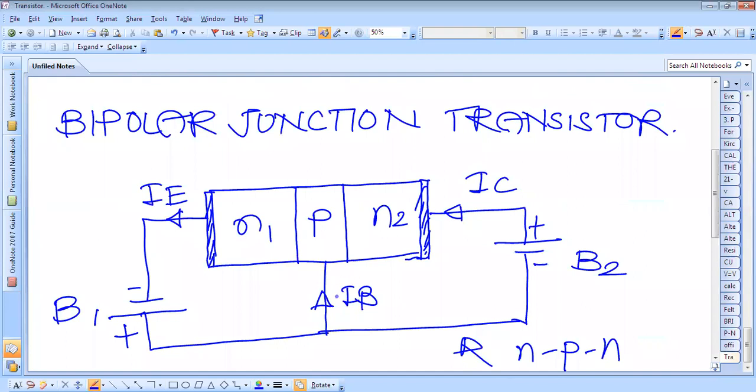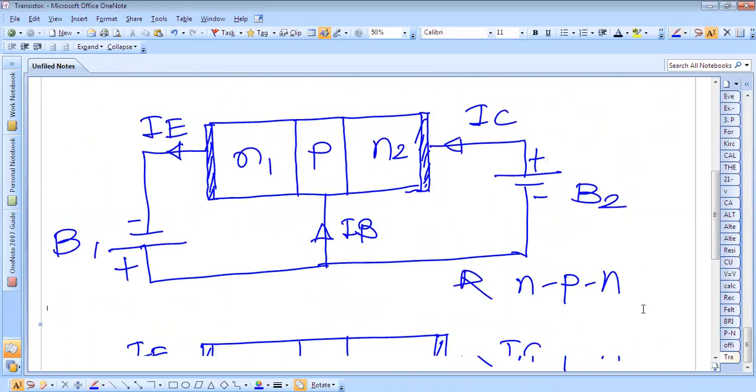It is outward here. This is coming into the circuit, and this is also coming into the circuit. So these are the conventional directions of the current for the NPN transistor. And this again can be shown in detail like this.